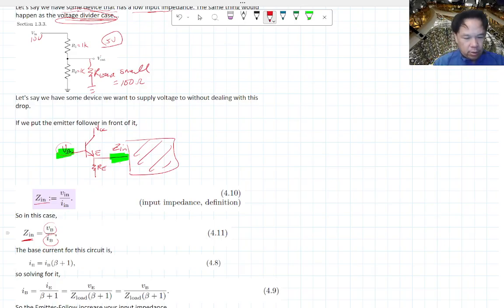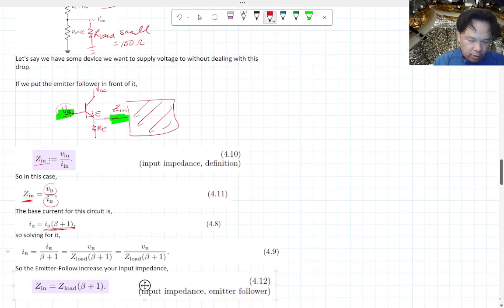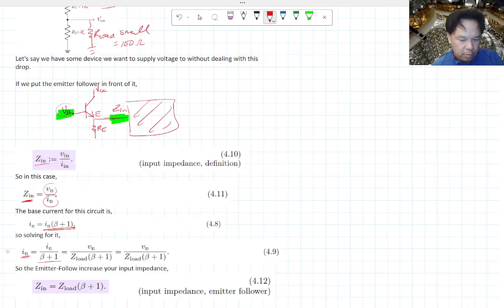But we know that the current through the base gets amplified to the output side of your transistor by a factor of beta plus 1. Therefore, the current through your base is actually reduced by a factor of beta plus 1.